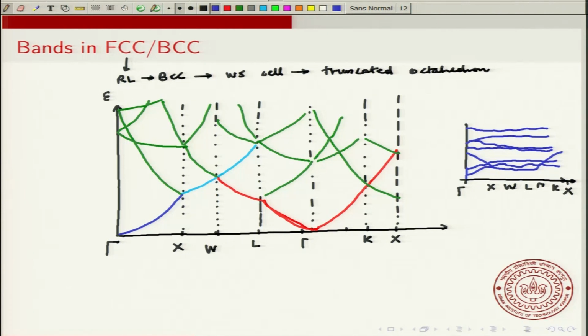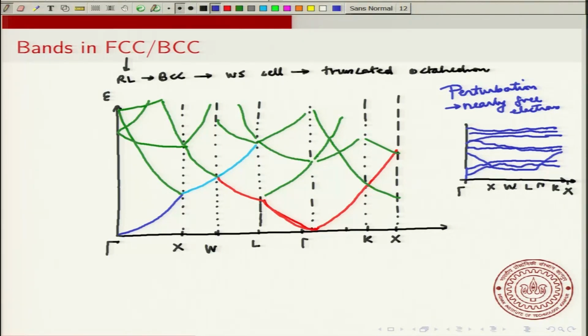So you will have a band structure that looks something like this. This is if there is perturbation, nearly free electrons. And in general the band structure will look something like this.